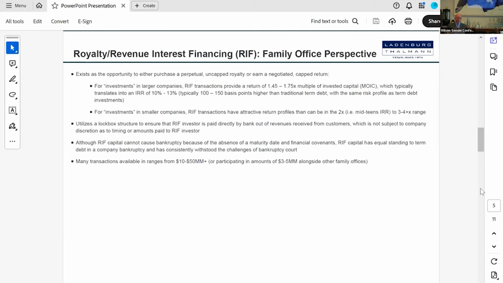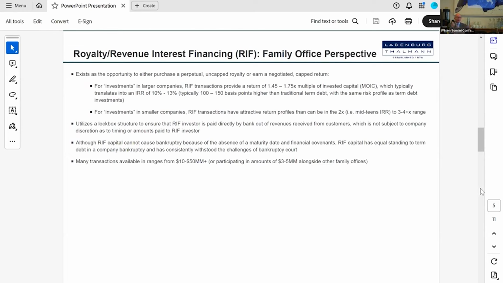I mentioned this lockbox earlier. So you buy, for example, a percentage of revenues or royalties associated with LensCrafters licensing from Ralph Lauren the right to use the Ralph Lauren name and logo on the glasses. Those royalty payments are paid by LensCrafters into a bank account.